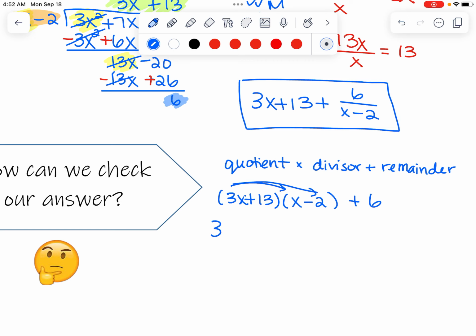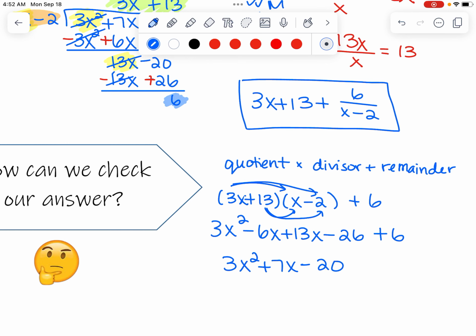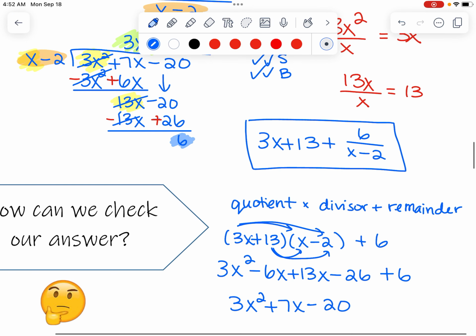So 3x times x is 3x squared. 3x times negative 2 is negative 6x. 13 times x is 13x. 13 times negative 2 is negative 26. Don't forget the remainder of 6. Let's combine like terms to get 7x in the middle and negative 20 as our constant. And this matches our original dividend.